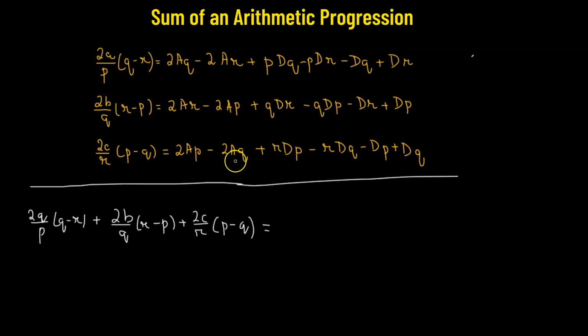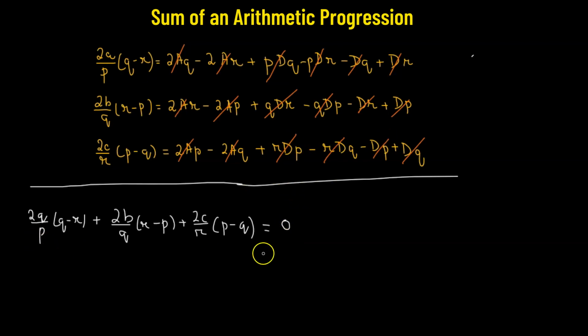So we have 2Aq and negative 2Aq, negative 2Ar, positive 2Ar, positive 2Ap and negative 2Ap. Then we have pDq and negative qDp. We have negative pDr, this will get cancelled with positive pDr. Then we have negative Dq and positive Dq, positive Dr, negative Dr. Then we have qDr minus rDq, Dp and negative Dp. So we see that the entire expression on the right hand side goes to 0.